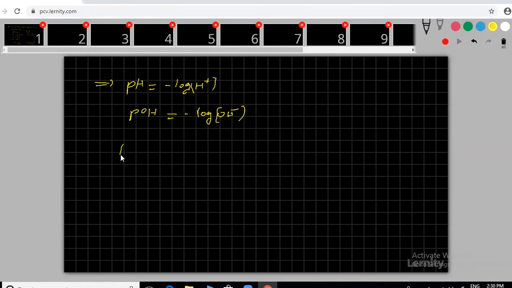Then calculate the pH of 10 power minus 7 M HCl, and 10 power minus 8 M HCl, and 10 power minus 6 M NaOH. All these things, I think you already have an idea. Okay, I don't want to discuss.